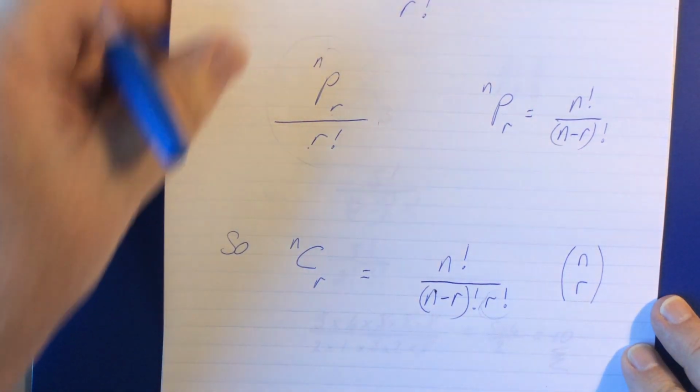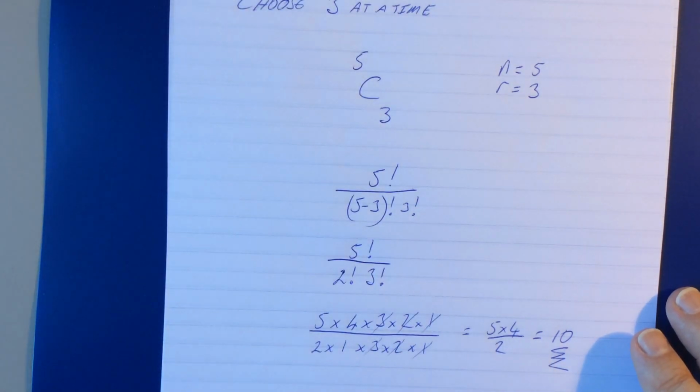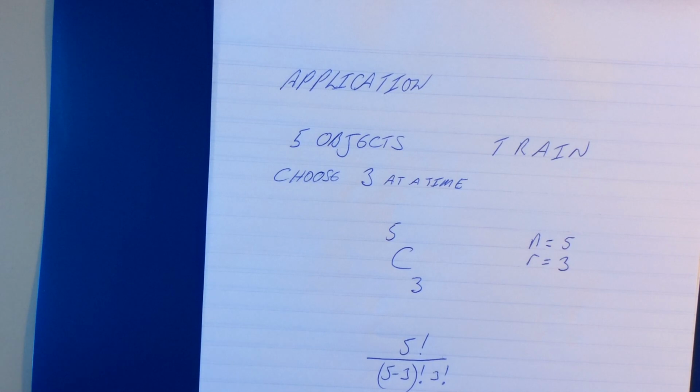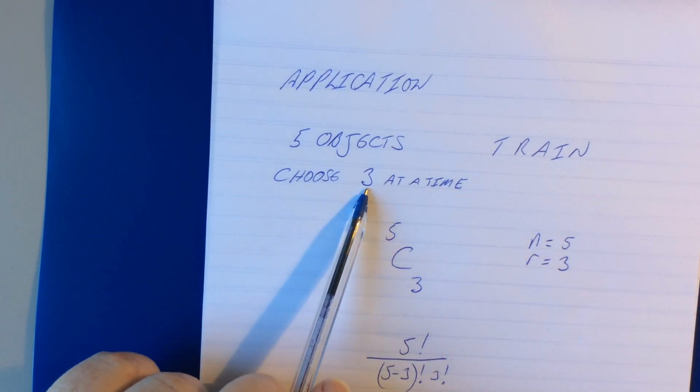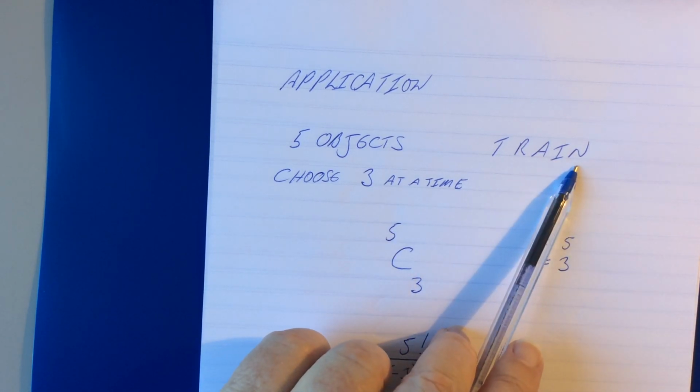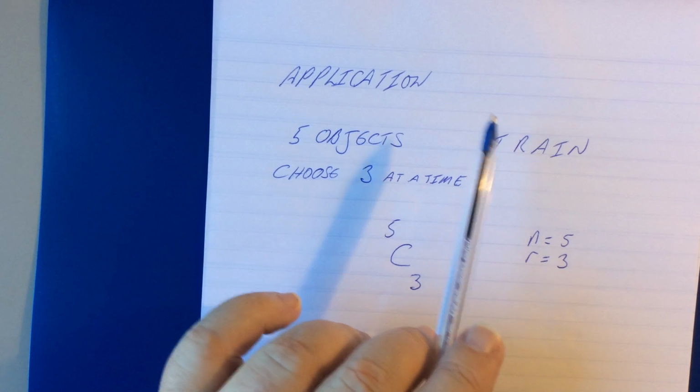Okay, moving along. Let's find an application for this. This is the example that I used with permutations. We had 5 objects, the letters in the word train, and we could choose 3 at a time. So we could choose AIN, TRA, whatever.